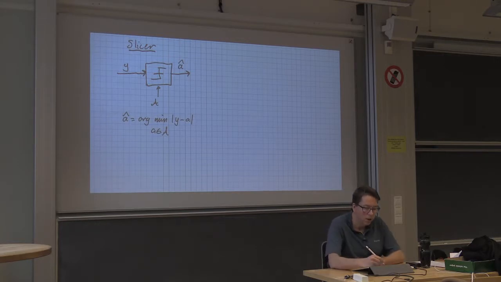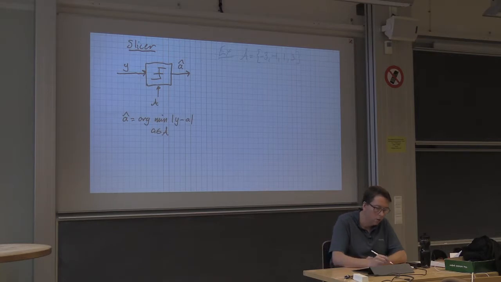Okay. Small example. So suppose curly A is a set of 4 values, -3, -1, 1, and 3. Okay.